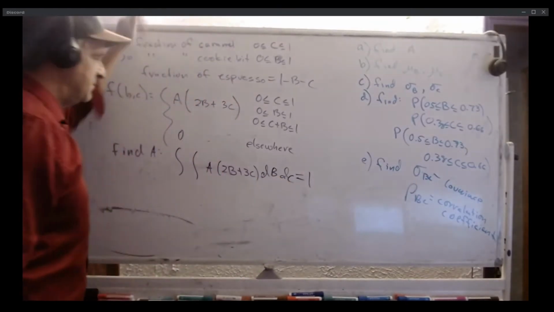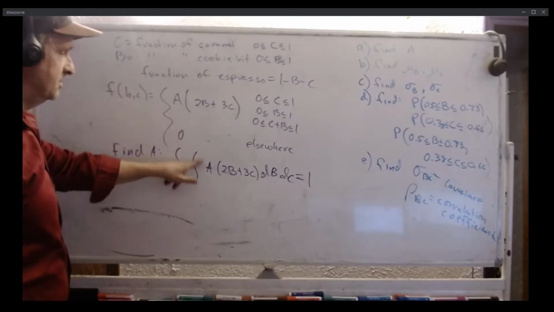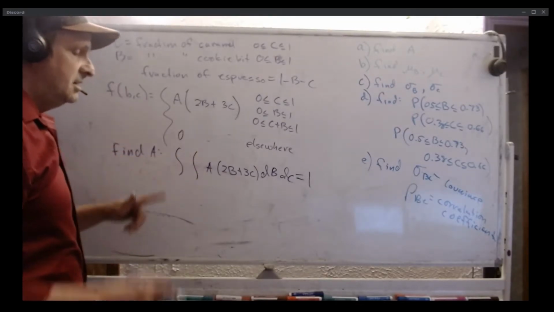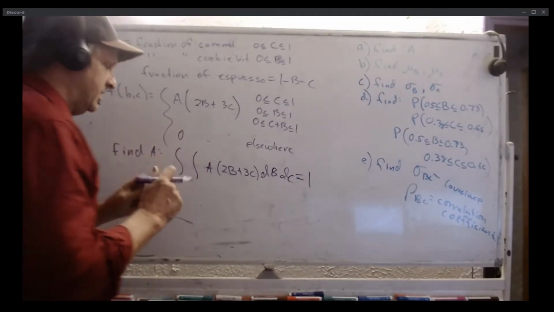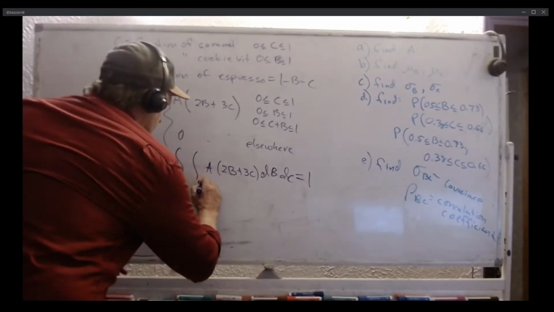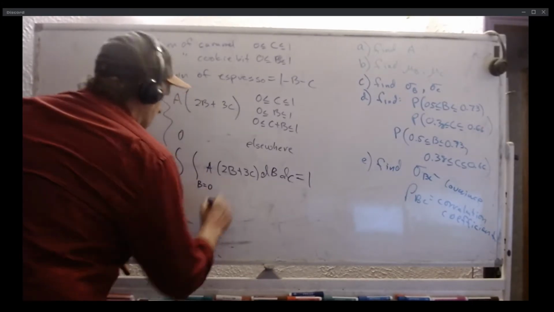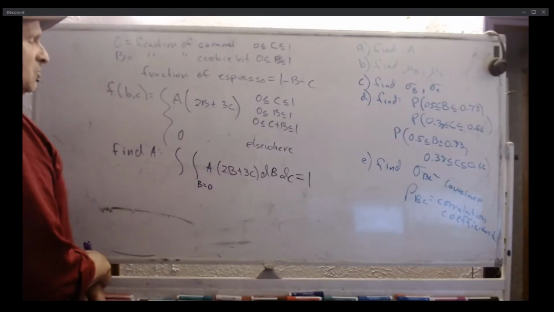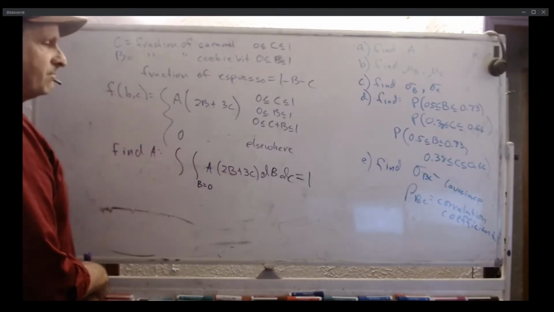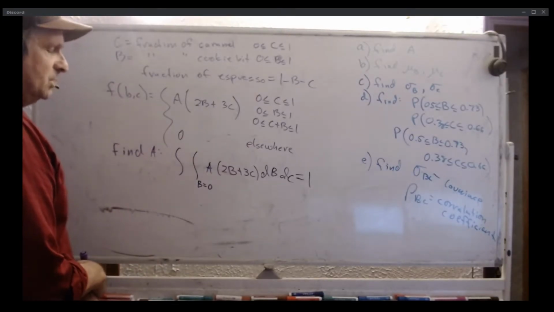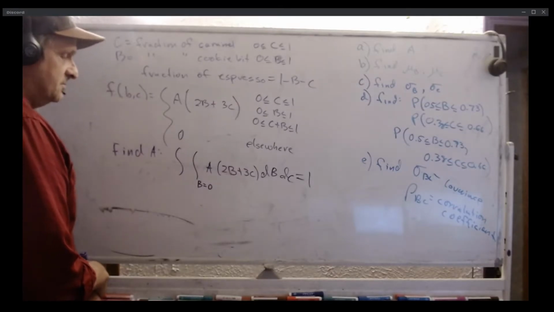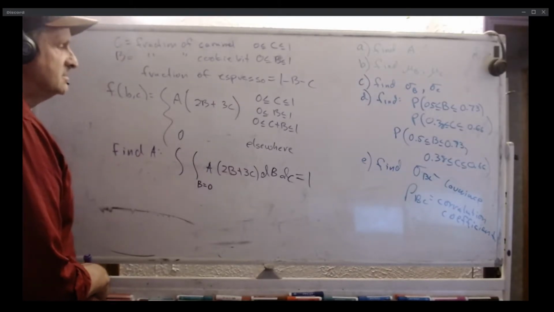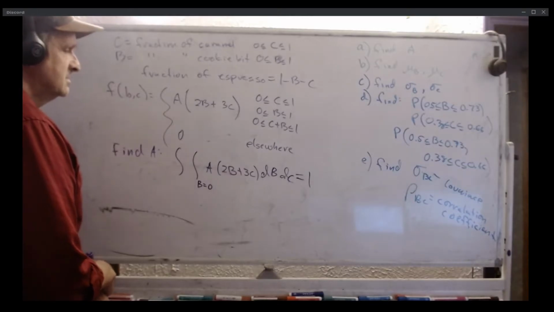Now, since we're doing B first, the inner integral, which is the second integral sign, gets the limits of B. What are the limits of B? I'll spot you the lower one. What can B go up to? Can it go up to 1? Careful. Is it 1 or is it C?